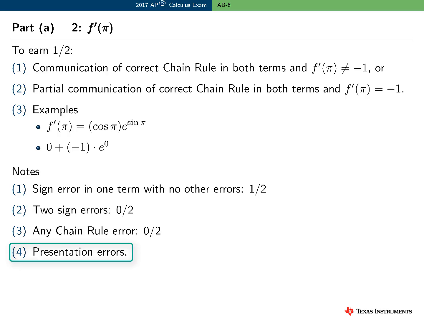And readers are very careful in looking for presentation errors. Correct mathematical notation is important. Remember notational fluency. In this problem, students may write an incorrect or ambiguous product or function argument, but present the correct answer. In this case, the student would not receive full credit for the solution.